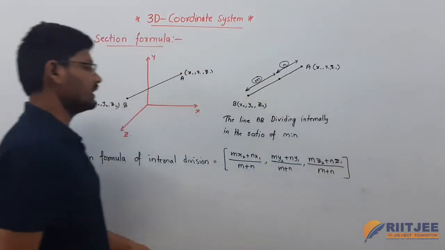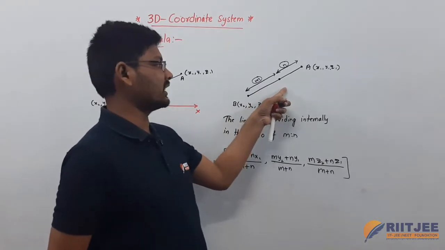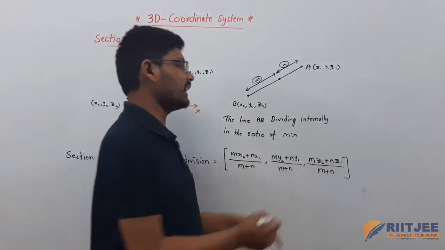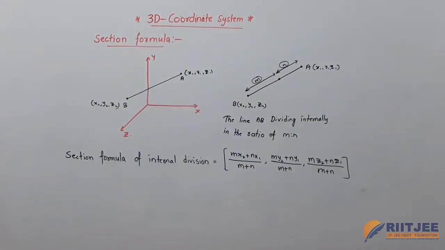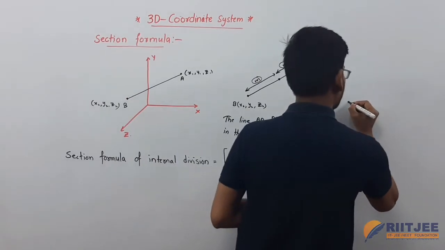So this is the section formula of a line in the 3D coordinate system divided in the ratio of m is to n internally. This is the section formula for internal division of a straight line in the ratio of m is to n.